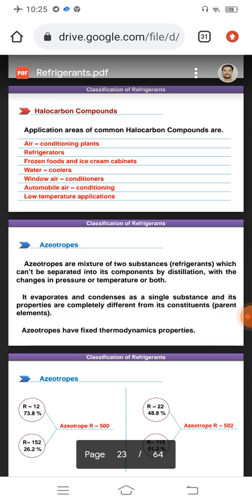A mixture of two or more refrigerants with similar boiling points, where the phase change takes place at a specific single temperature. Suppose we take the example of the azeotropic mixture in the 500 series, R500. In R500, 73.8% is R12 and 26.2% is R152.